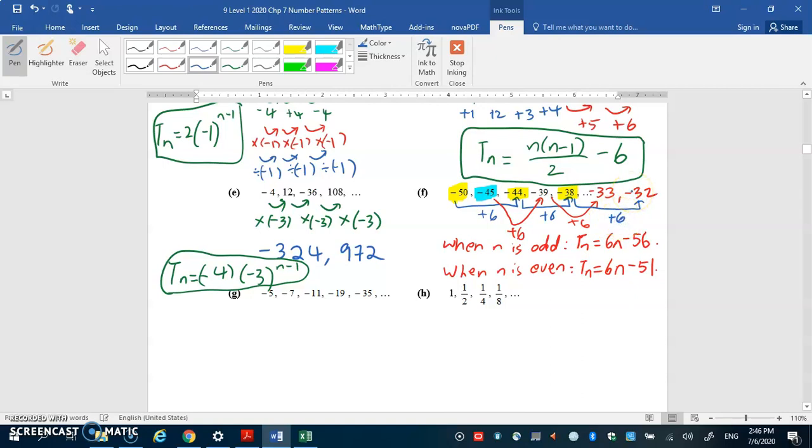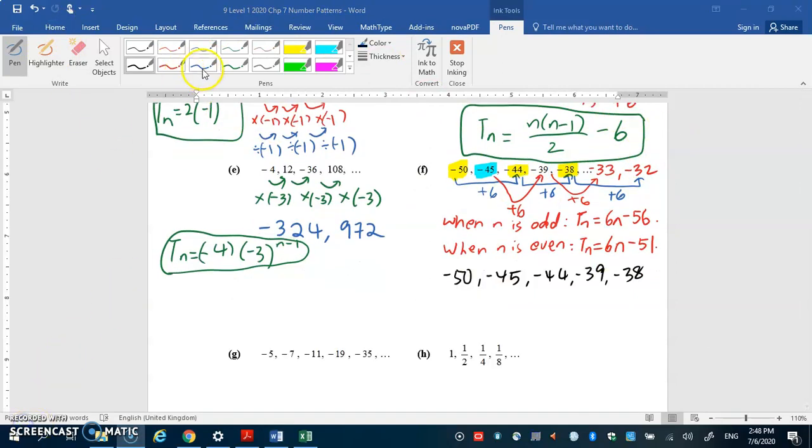Okay, by the way, there's another pattern that you can form for part F. You're not restricted to just one. So part F again, I've written out the numbers over here, right?